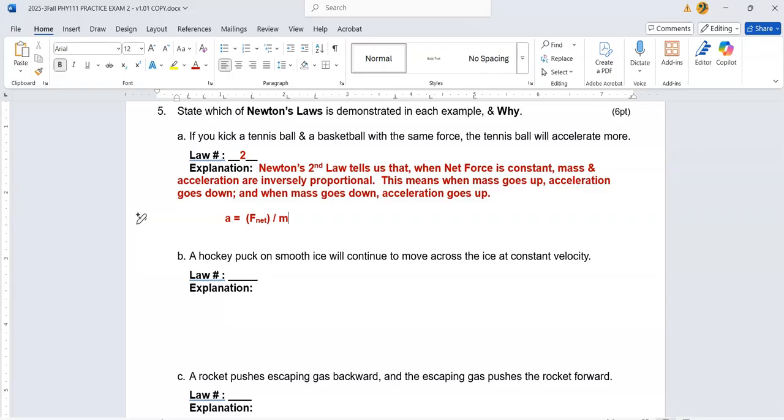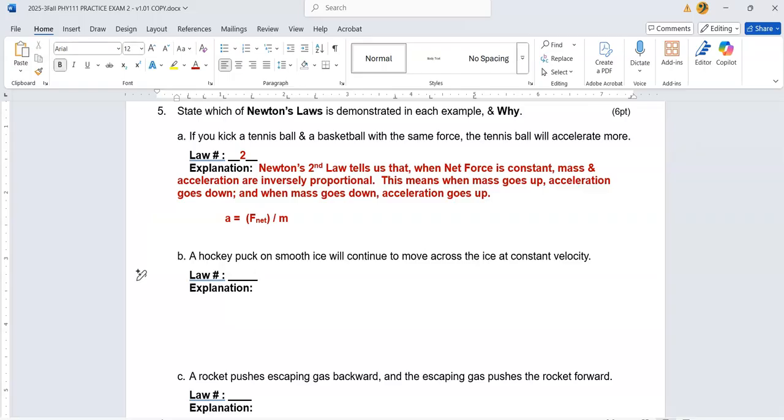And it's easier to see when you see it written properly with the net force on top of the mass in a fraction. But you can see because the mass is in the denominator and the acceleration is in the numerator. I know it doesn't look like a fraction, but it's a over the number 1. When they're on opposite sides of the equation and opposite sides of the fraction, they're inversely related. One goes up, one goes down.